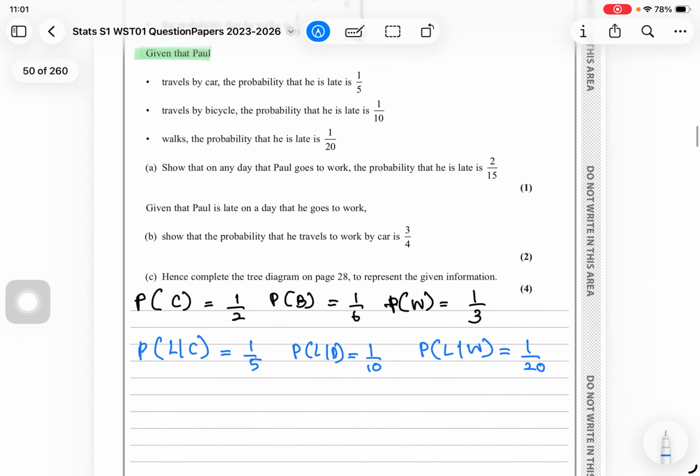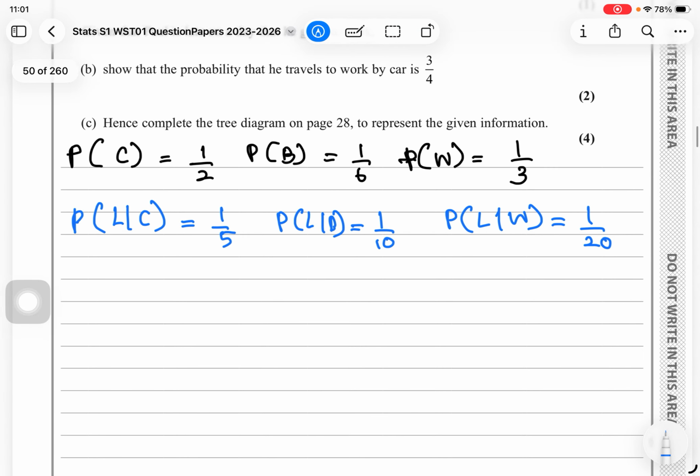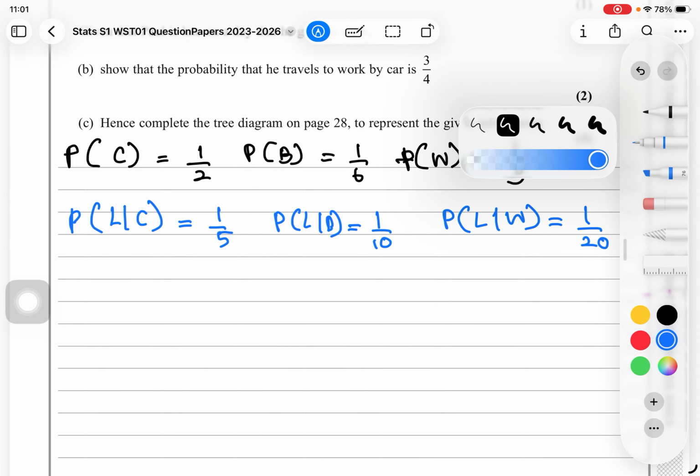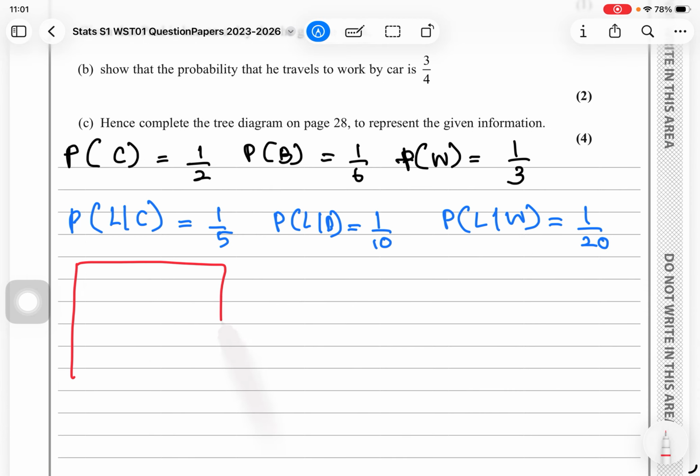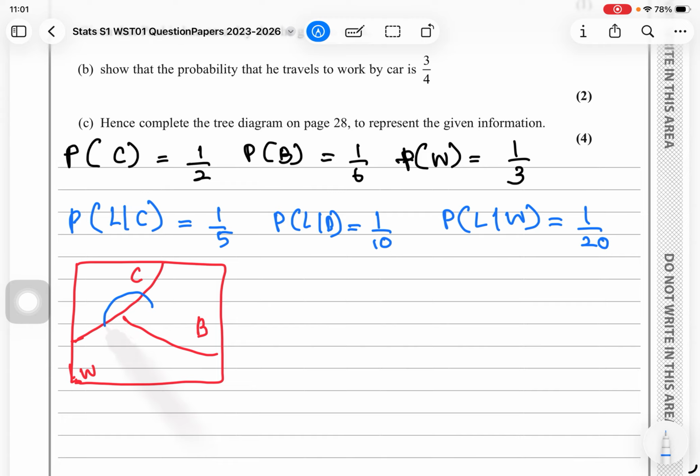Okay, so they are asking what's the probability that he is late. Since there are only 3 options and they have nothing in common, our scenarios are: one is car, another is bicycle, another is walk. When he is late, he could have come by car, walked, or come by bicycle.